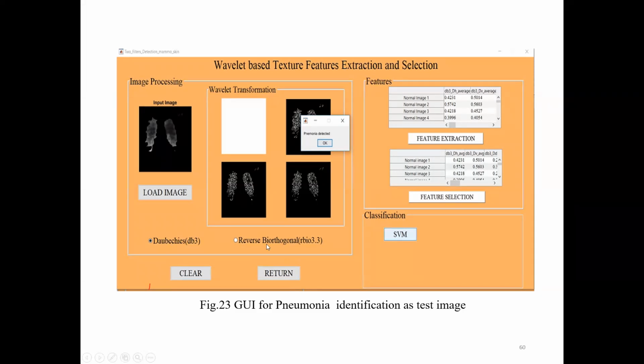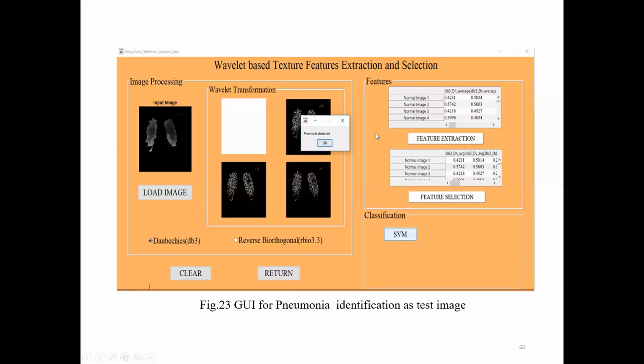DB3 may be chosen, or RBIO 3.3 may be chosen. Here DB3 is chosen, and after running the GUI, we can clearly observe that the disease that got identified or highlighted is pneumonia.